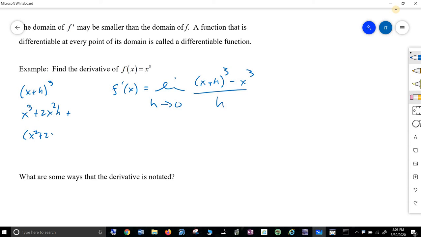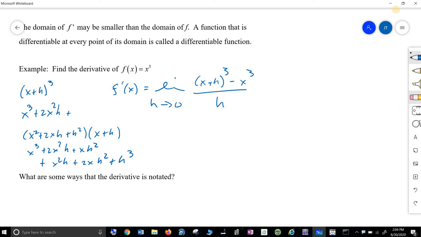It's x squared plus 2xh plus h squared times x plus h, which is x to the third plus 2x squared h plus xh squared plus x squared h plus 2xh squared plus h to the third.